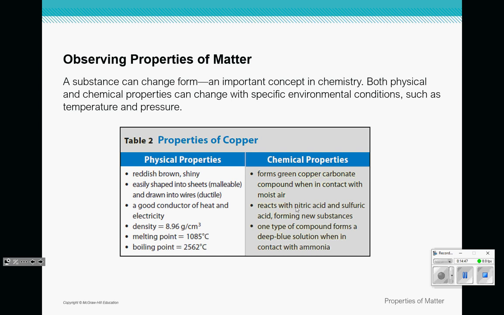It reacts with nitric acid and sulfuric acid, forming a new substance. There's the key. New substances like copper carbonate or something else are formed, that's a chemical property. One type of compound forms a deep blue solution when in contact with ammonia.